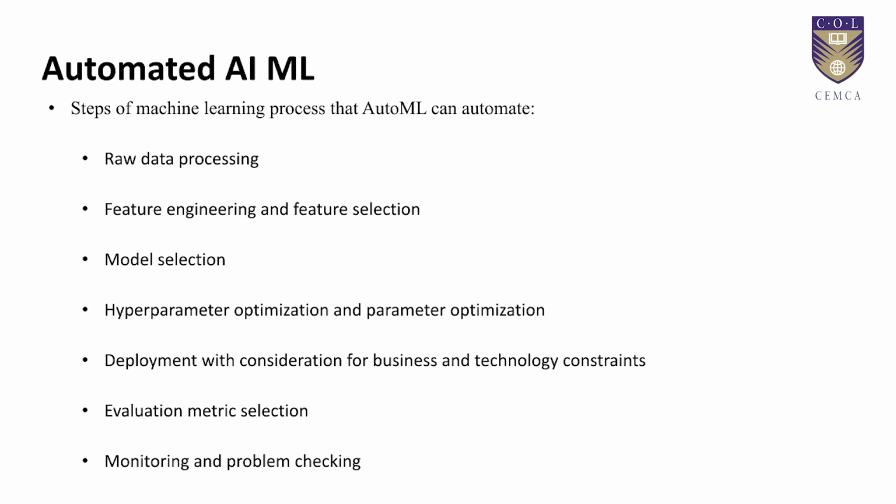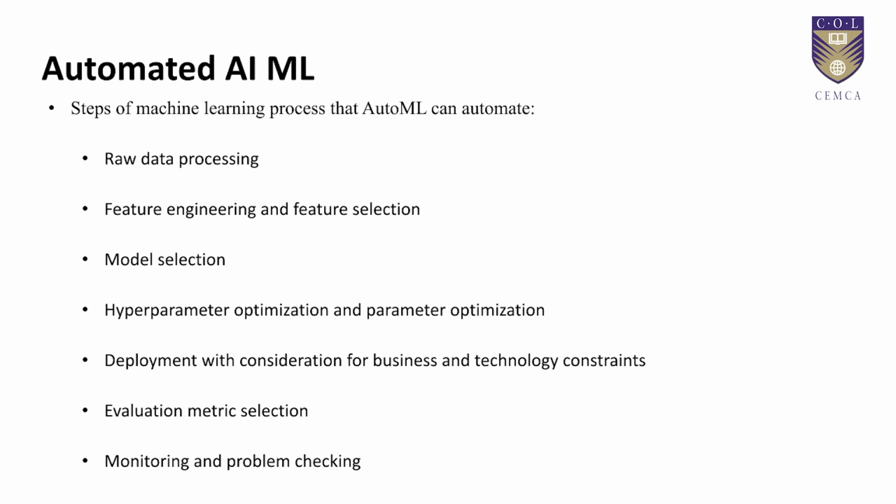Once that is done, the auto AI/ML goes on to select the model automatically. In turn, it also optimizes the model by using hyperparameter tuning, once again automatically. Once these are done, it goes on to deploy while taking the business and the technology constraints into picture.